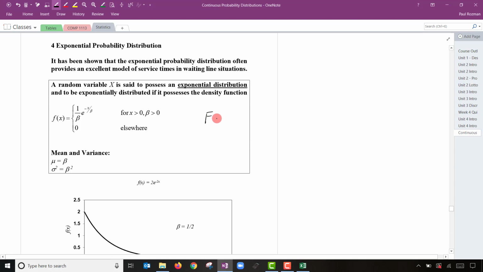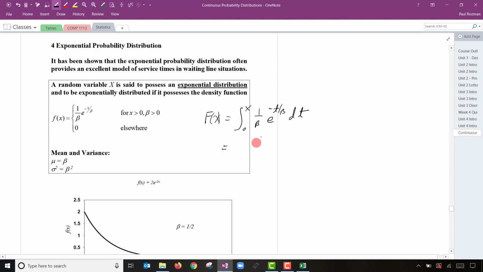If we want F of x for this thing, we'll go from 0 up to x of 1 over beta e to the minus t over beta dt. And that'll give us the area beneath that curve. Sorry, it's negative for the function there.